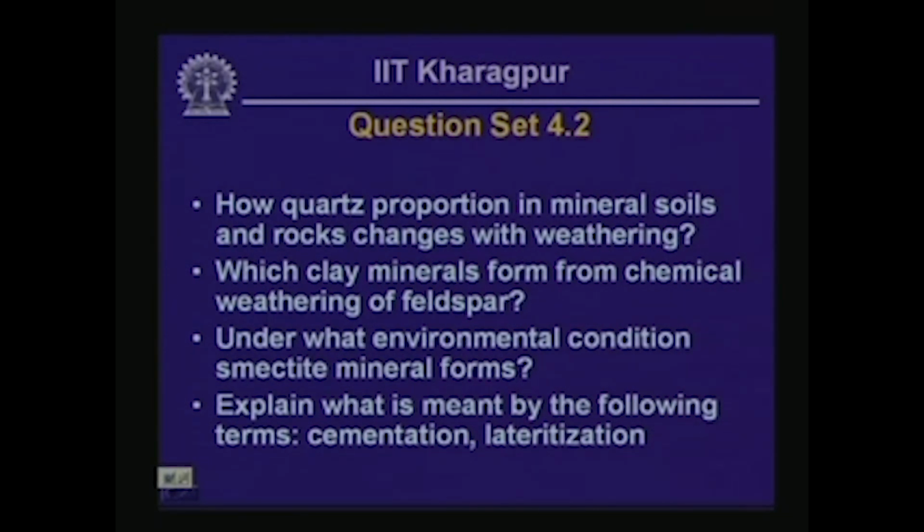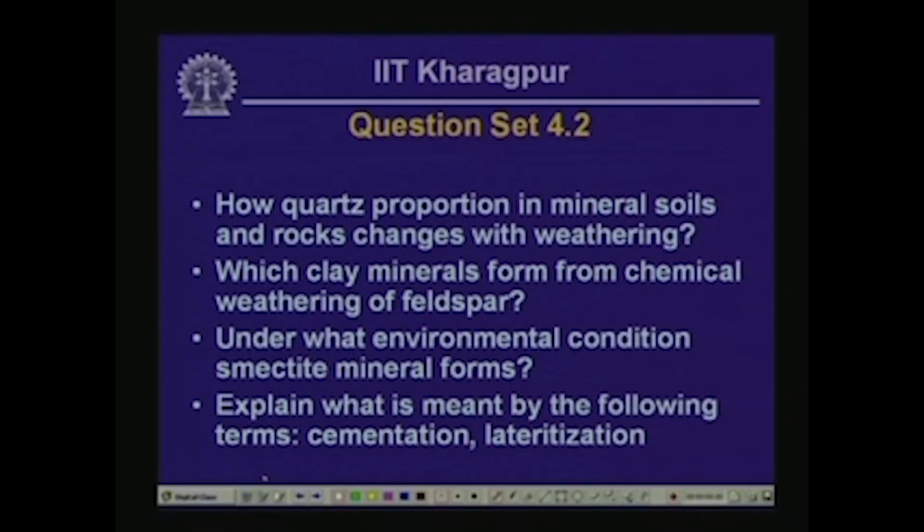We looked at one of the examples of chemical reactions in the last lesson, and that was the chemical weathering of potassium feldspar, and in that I indicated that a clay mineral called kaolinite forms from that weathering process. And if you recall, the reaction that we considered then was this one.